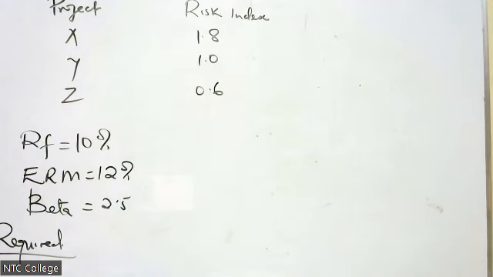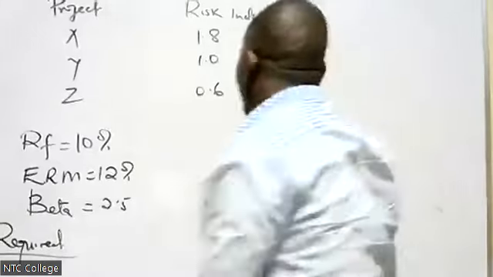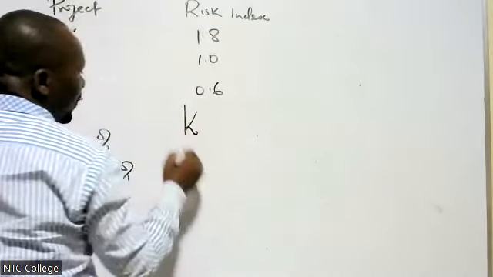Determine the premium, CAPM, calculate. Yes, Mary, you are there. You can get cost of capital using CAPM. So we start with that. The cost of capital using CAPM is Ko.